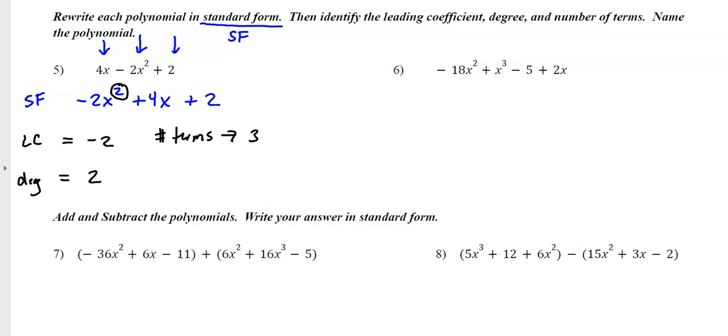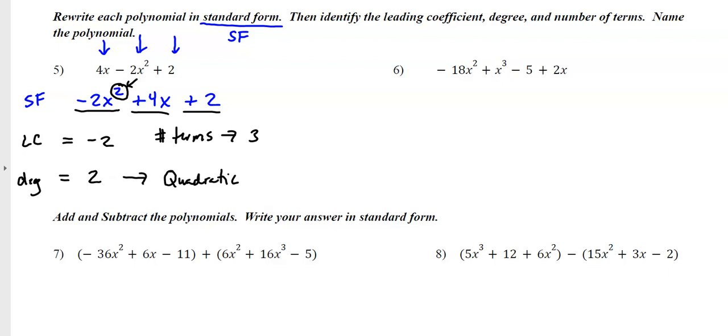So there's 3 terms. 1, 2, 3 terms there. And then we name it, since the highest power is 2, the degree, that kind of tells me that this is called a quadratic. So I did all 5 things, standard form, and then the other 4 questions.